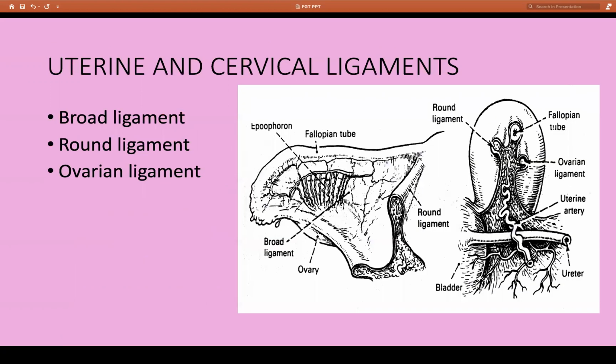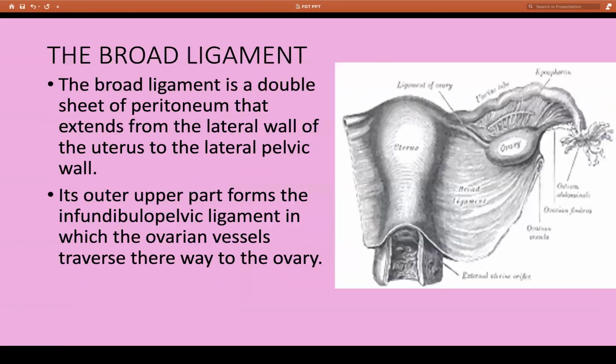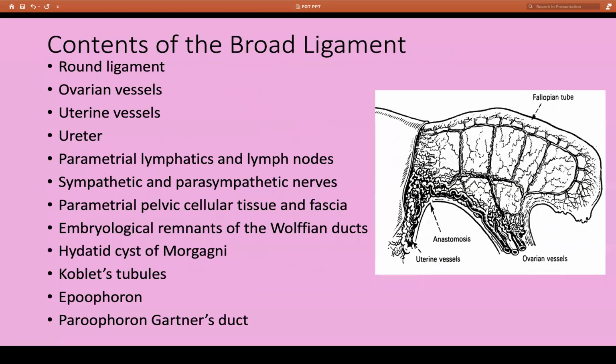Uterine and cervical ligaments: broad ligament, round ligament, and ovarian ligaments. We already know the broad ligament. It is a double sheet of peritoneum that covers the uterus and the lateral pelvic walls. Its upper part forms the infundibulopelvic ligament, in which the ovarian vessels travel on the way to the ovary.